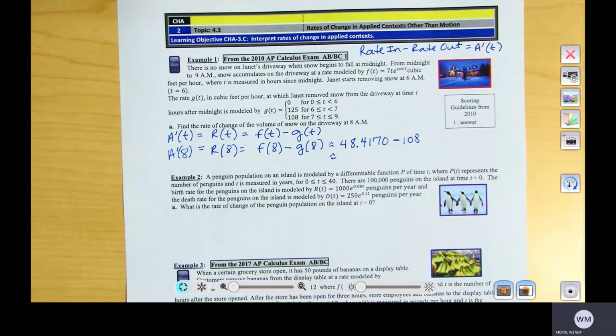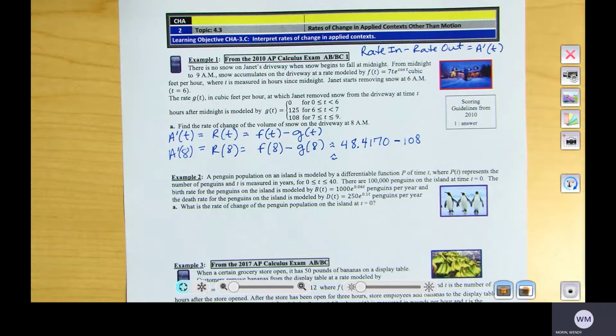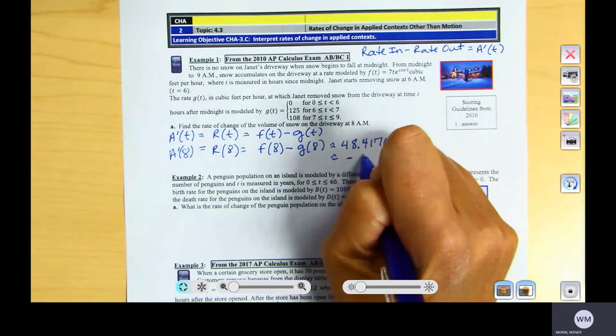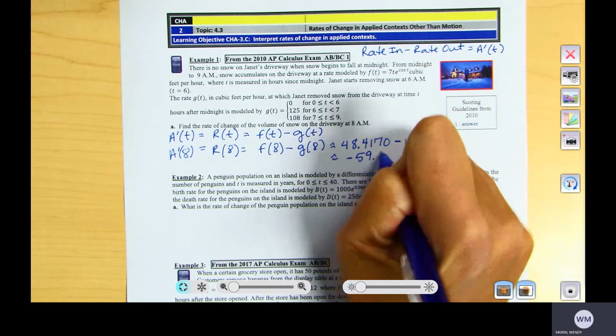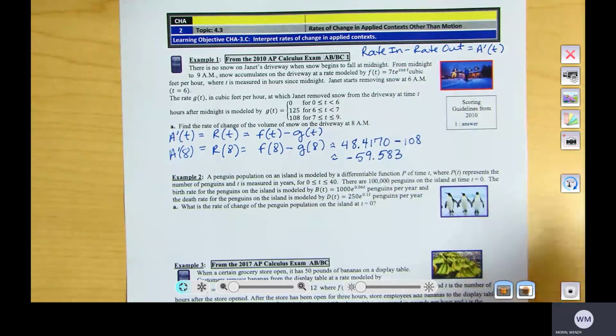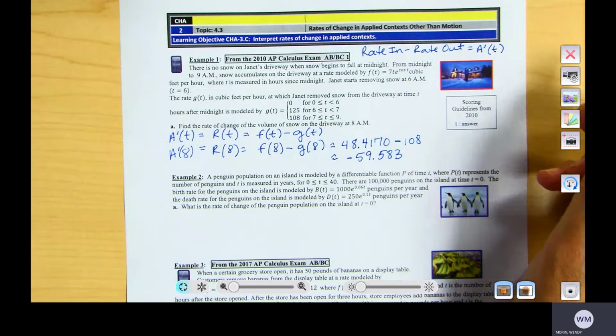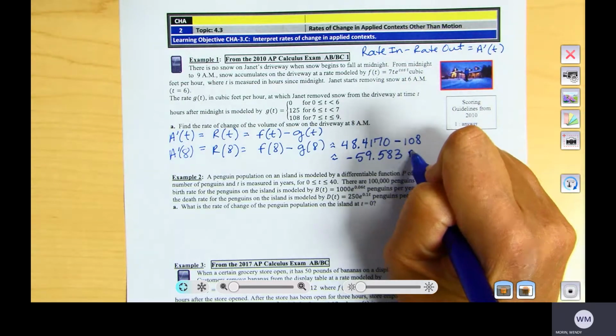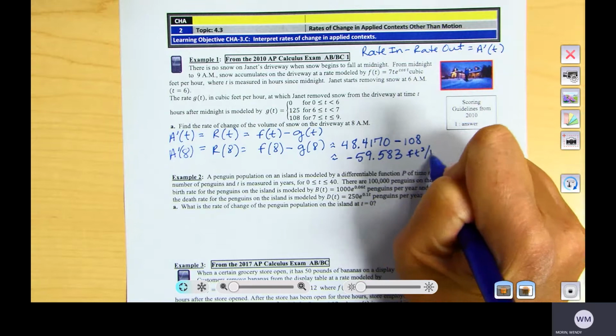That is approximately negative 59.3. And what is the unit on that? Rate is cubic feet per hour.